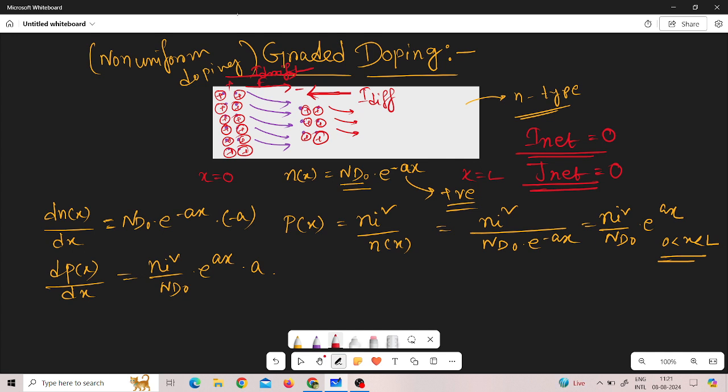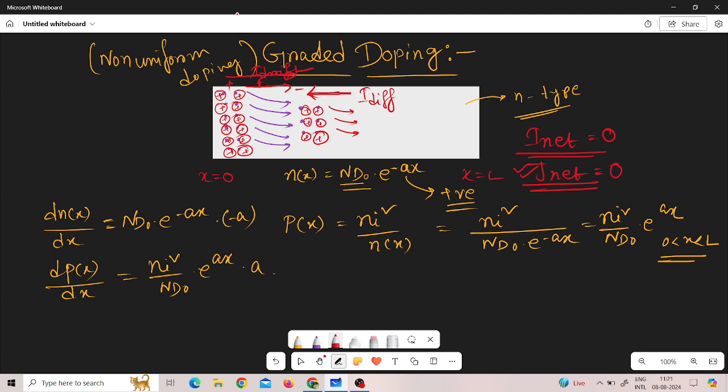So drift current flows in the positive x direction, diffusion current flows in the negative x direction, and at equilibrium they cancel each other, so it becomes 0. So total current I net is equal to 0, that is, J net is equal to 0.